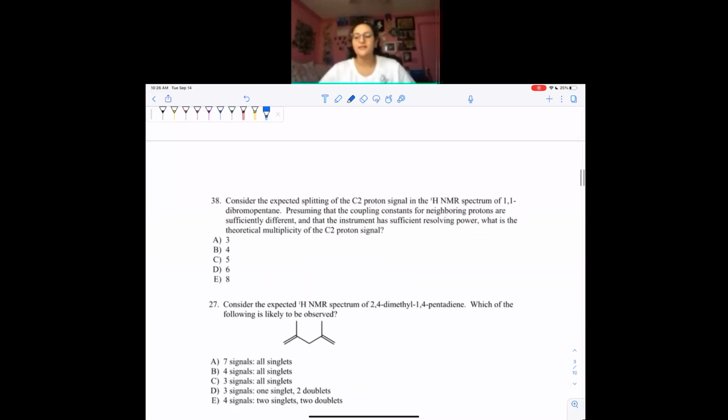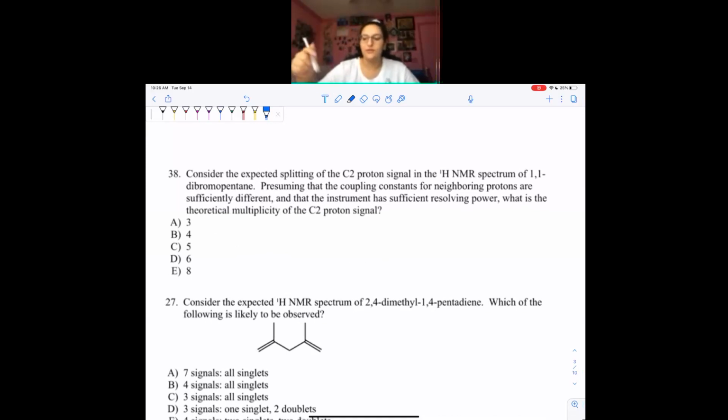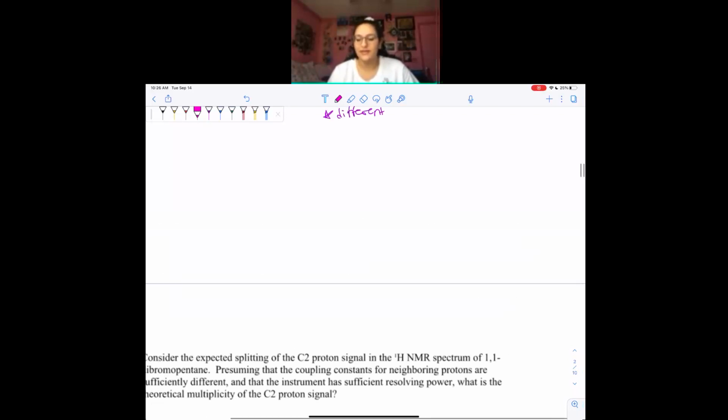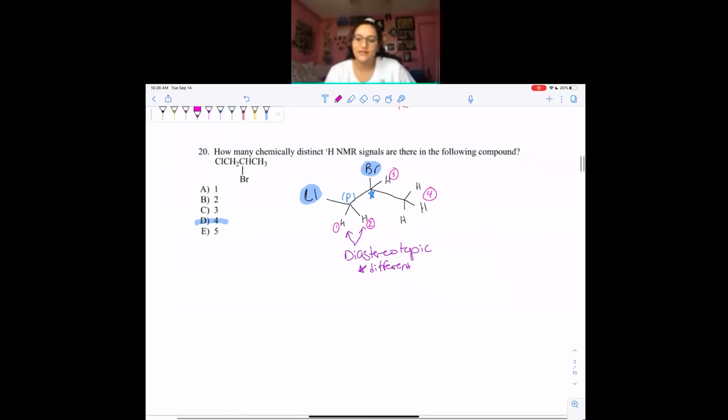Okay, this is another way he could give you the complex splitting question, and it's just a lot of words. Okay, so question about the last one. Can there be diastereotopic and homotopic signals on the same chain? Yes. So again, diastereotopic, homotopic, heterotopic, and anisotopic, all of those are just comparison words.